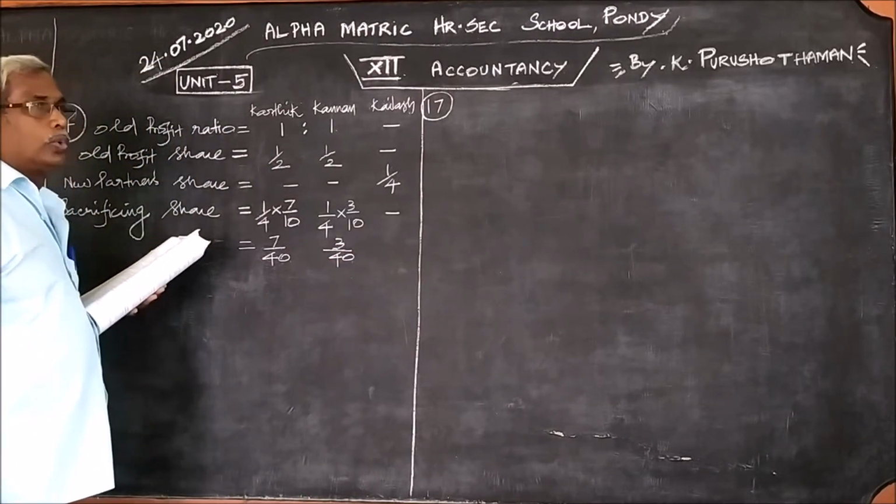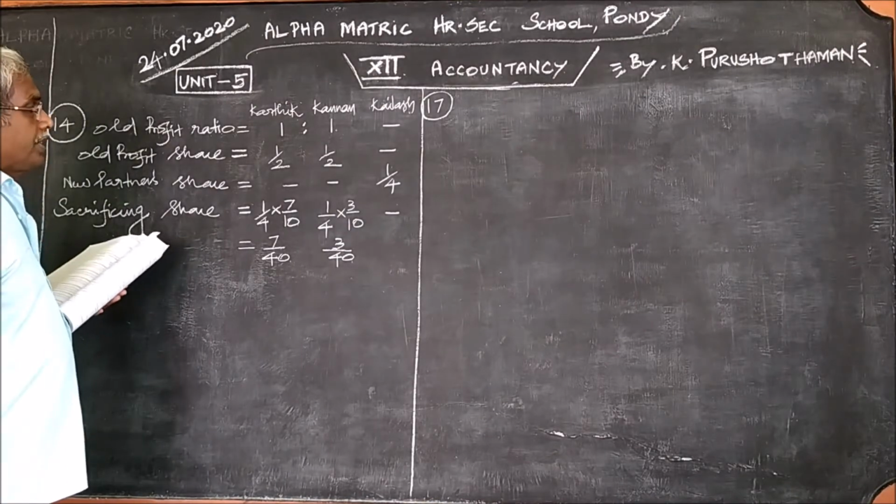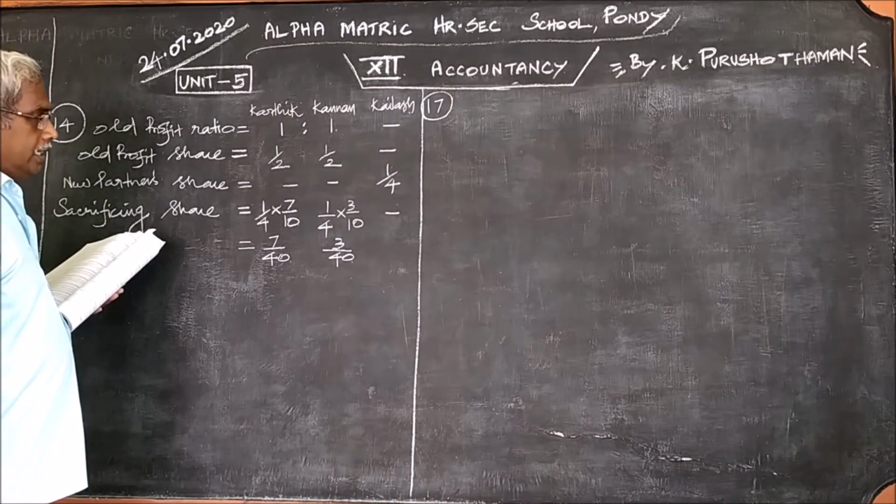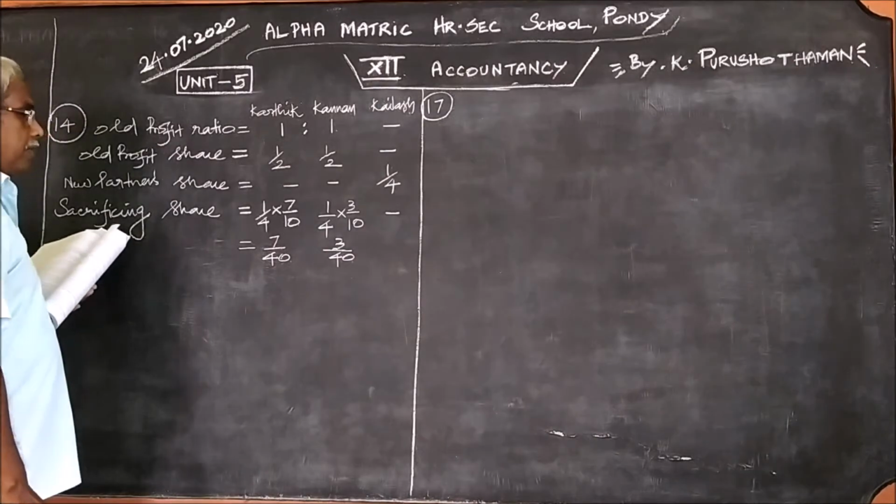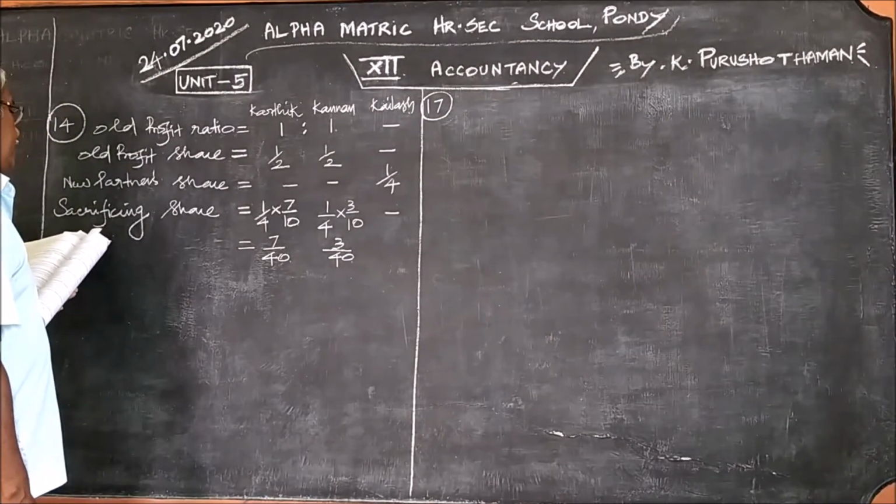This is how Kailash got from Karthik and Kannan. 7/40, 3/40.